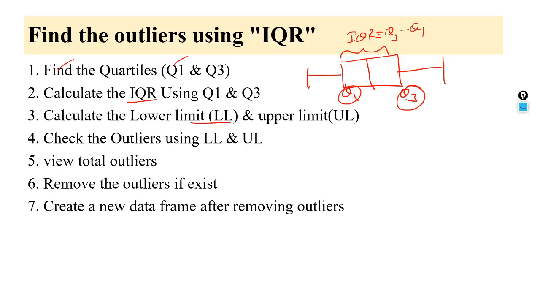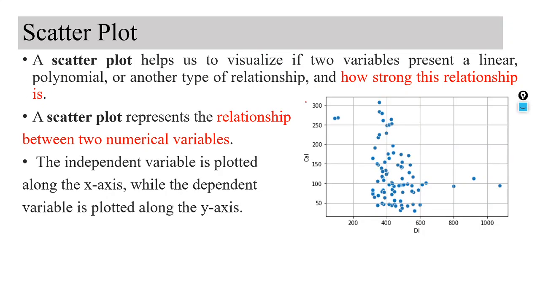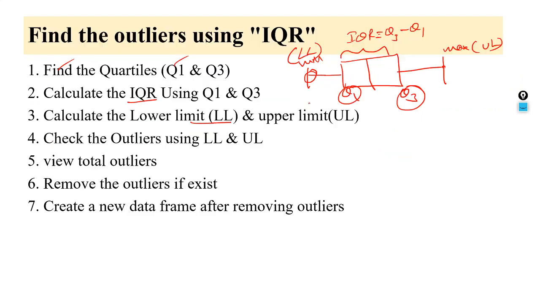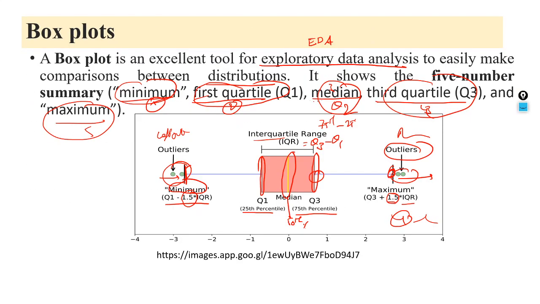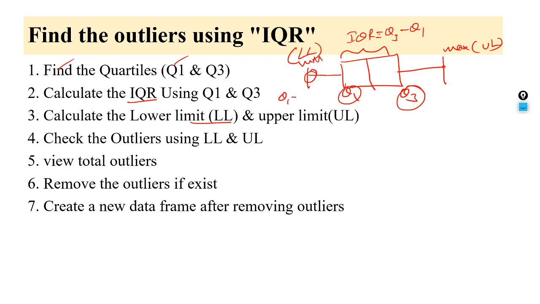Then calculate the lower limit, which is the minimum value, and the upper limit, which is the maximum value. The formula for the lower limit is Q1 minus 1.5 into IQR, and the formula for the upper limit is Q3 plus 1.5 into IQR.